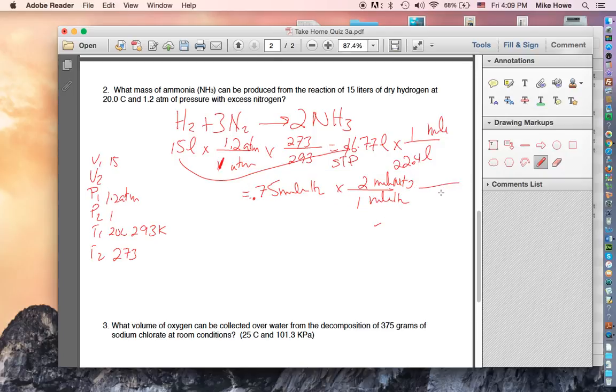So we'd put moles of ammonia on the bottom, grams of ammonia on the top, and 17 grams are in 1 mole. So it's 1.5 times 17. So 0.75 times 2 ammonia times 2 and then times 17, 34 grams.